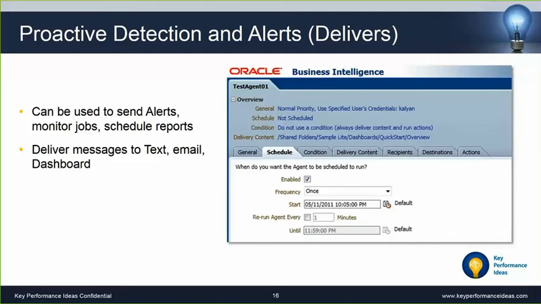So you could monitor that minute over minute, hour by hour, daily, once a day, once a month, however you want to. Basically, you can design the report, decide on a time frame, and deliver proactive detection, which is very effective.